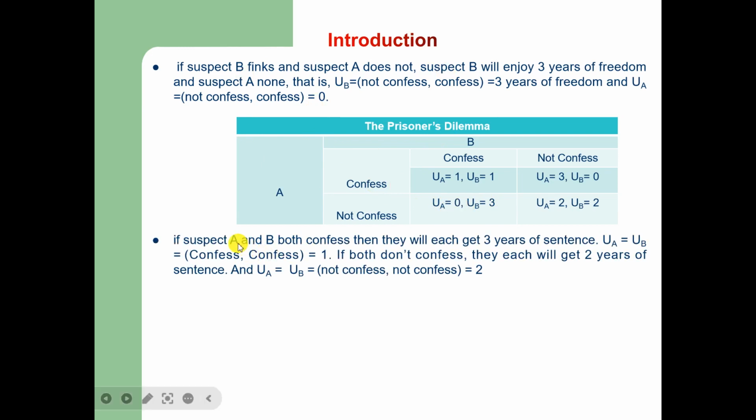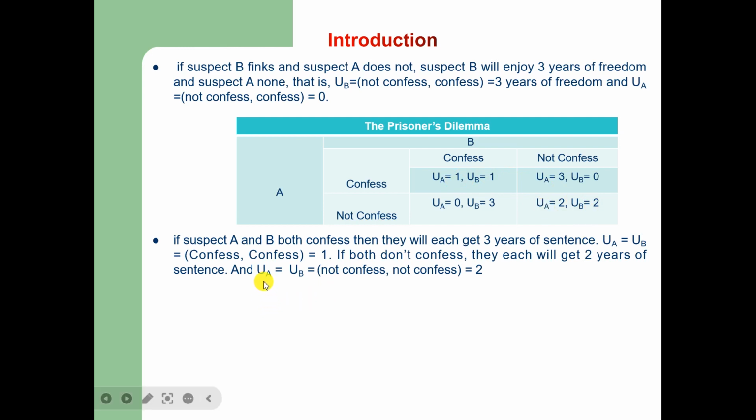If A and B both confess, then we are in this cell, and each of them will get a 3-year sentence. So they will each have 1 year of reduced sentence, and each will enjoy 1 year of freedom and face 3 years of sentence. Similarly, if both of them do not confess, then each of them will get a 2-year sentence.